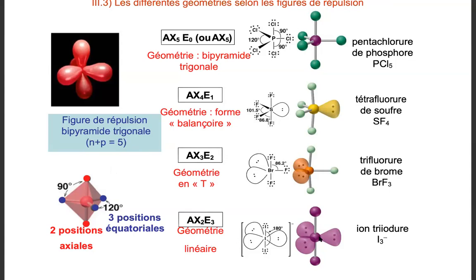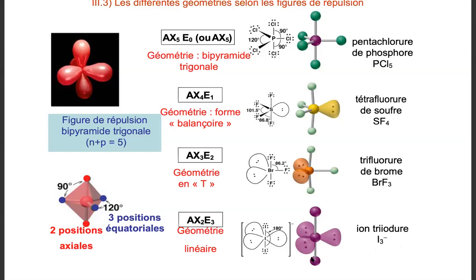Géométrie linéaire. Now, géométrie linéaire, we have Leon. This is an ion of iodine when it forms a triatom. So we are going to have how many?